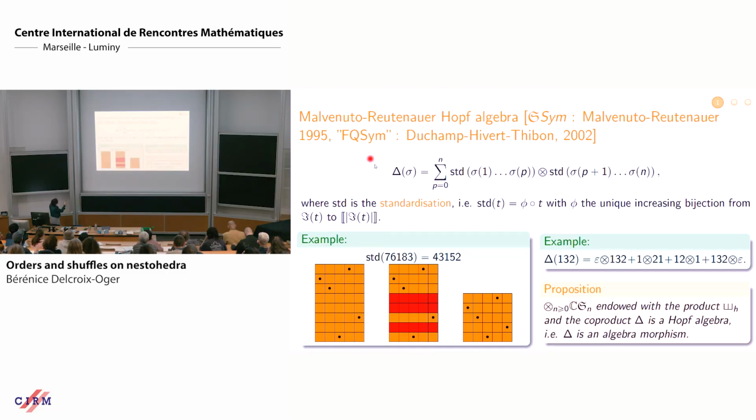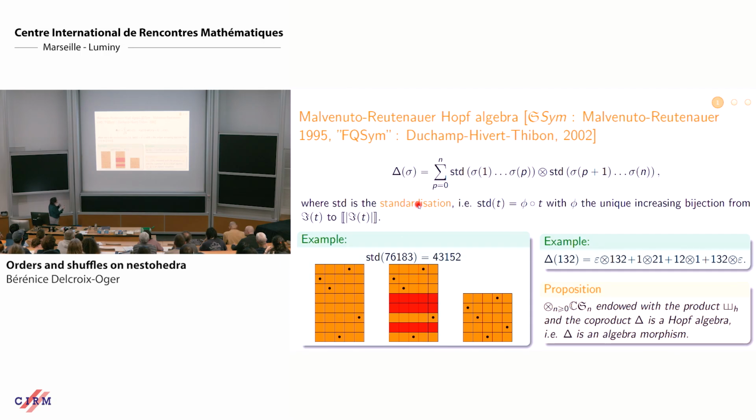So the coproduct of a product is equal to the product of the first parts of the two coproducts and the second parts of the two coproducts.